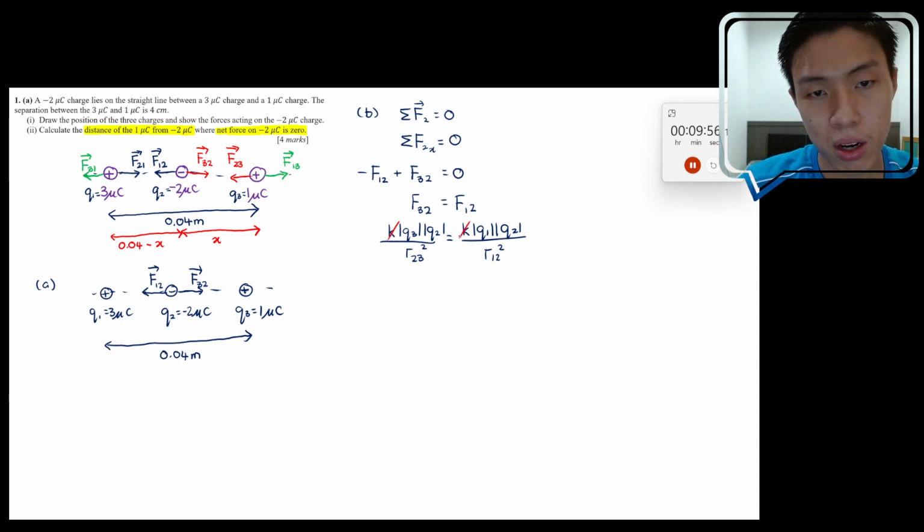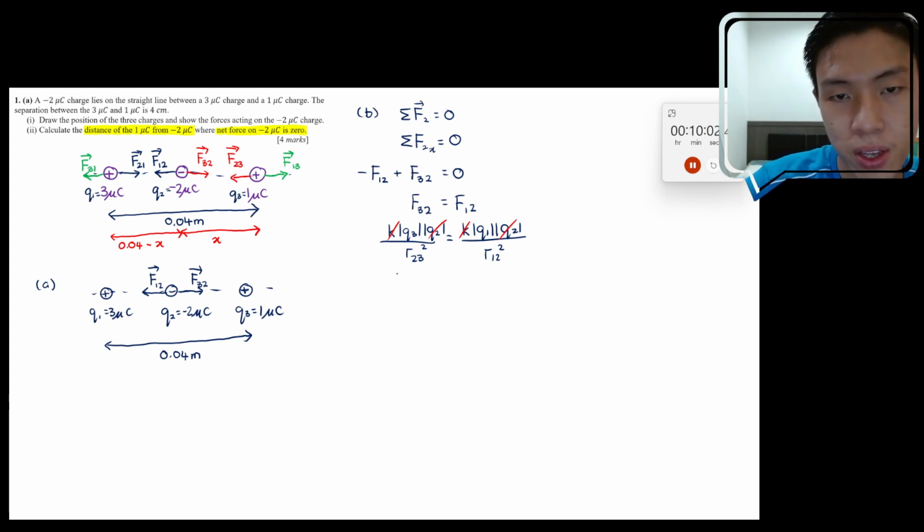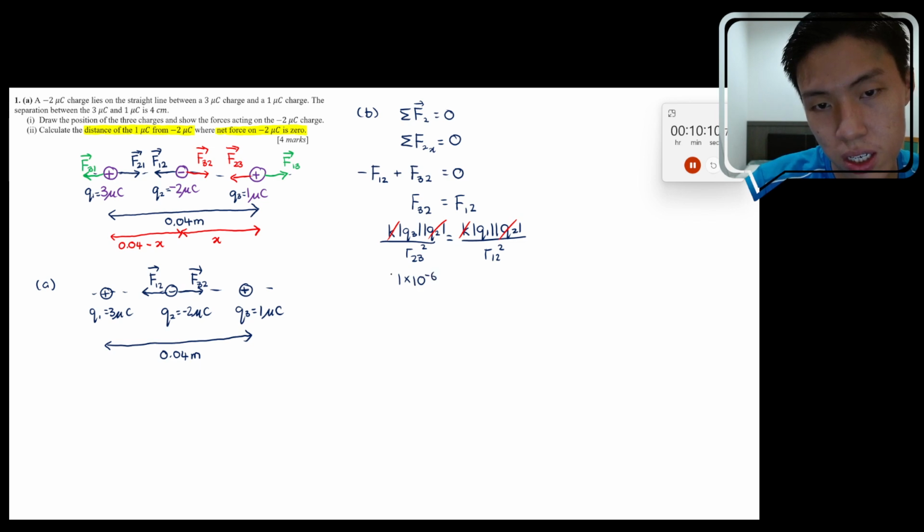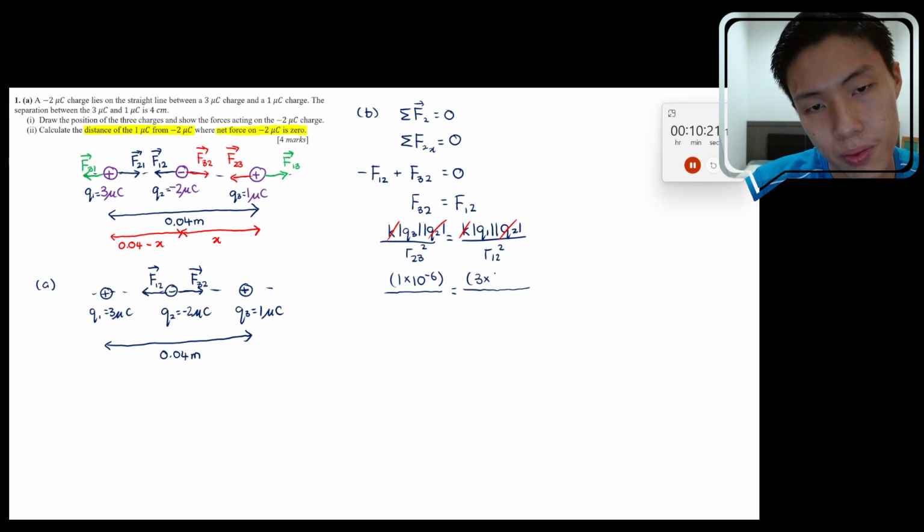The K can be crossed out, the Q2 can be crossed out, so we are left with Q1 and Q3 as the numerator on both sides. Okay, so we can do substitution maybe. Q3 is 1 microcoulomb. Again, don't substitute in the sign for your charges, just leave it like this. It equals, okay, let's write the numerator first. Q1 is 3 microcoulomb.